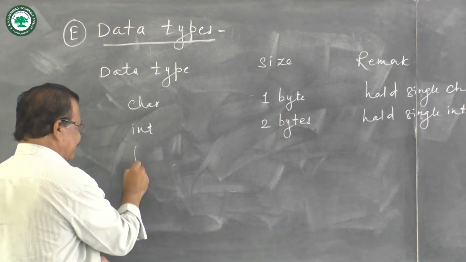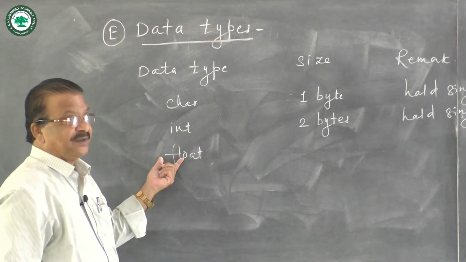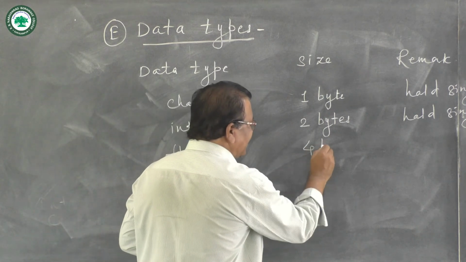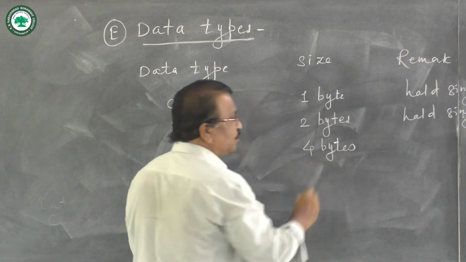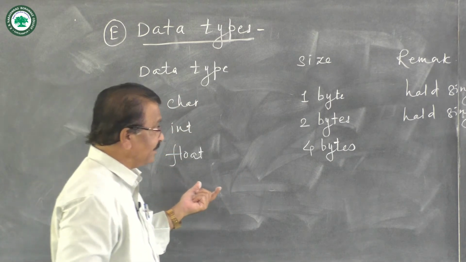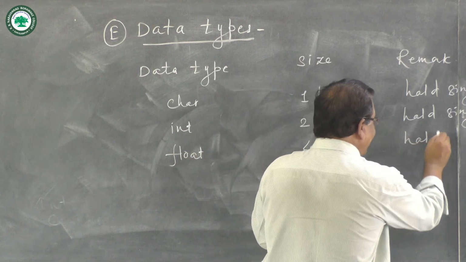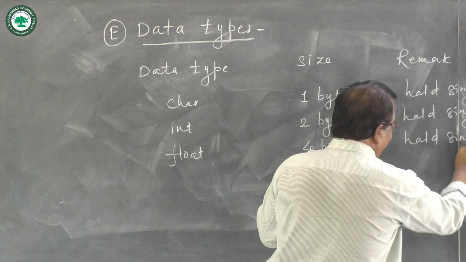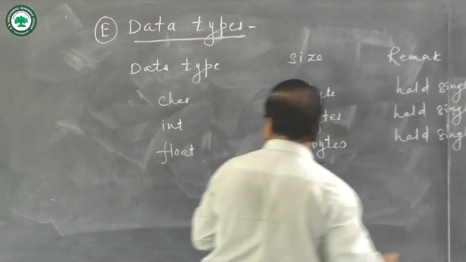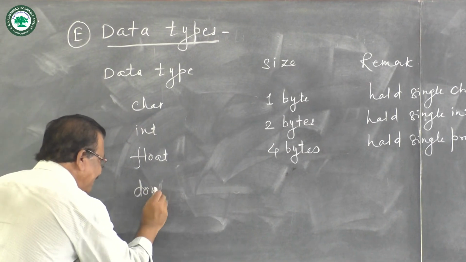Then float. When you declare a particular variable as a float type of variable, then inside the memory 4 bytes get reserved to store that particular floating point number. So it can hold a single precision floating point value. And then the fourth basic data type is double.